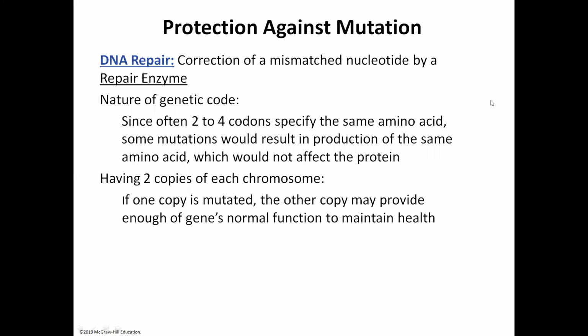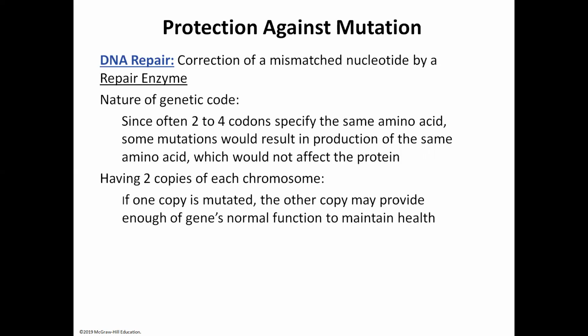Now, there are some ways that we can protect ourselves from these mutations. Our DNA itself actually has a repair enzyme that checks to see if we have any mismatched nucleotides, and it can try to fix them. If it's possible, it's going to try to fix it. When we think about the nature of the genetic code, usually there are 2 to 4 codons that produce the same amino acid.